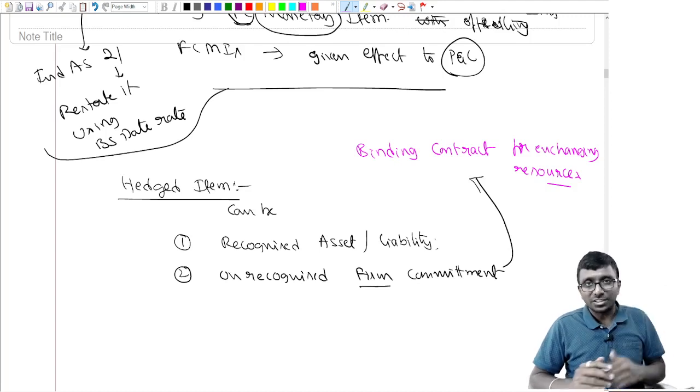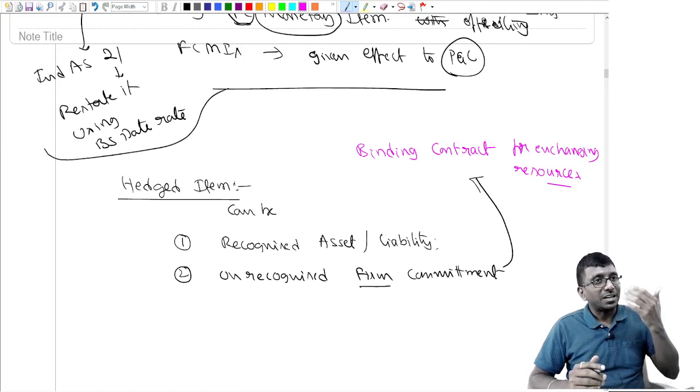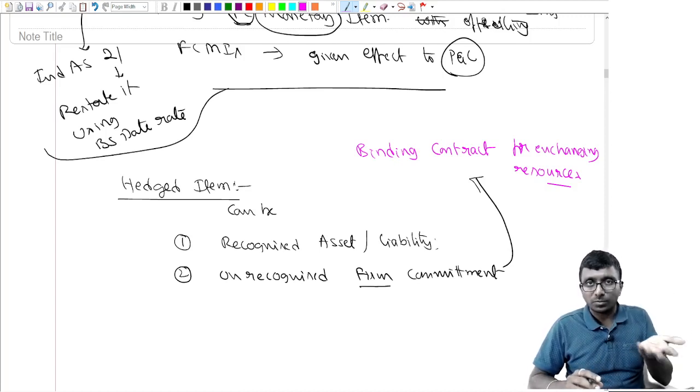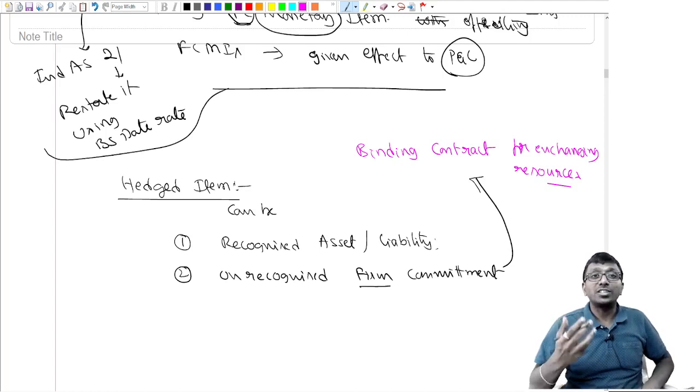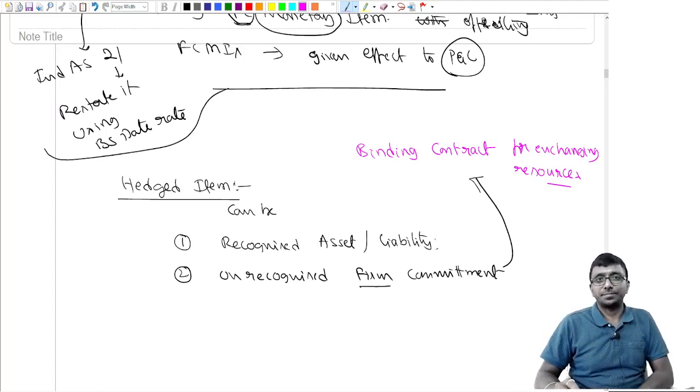The sale will happen only after 6 months, and the dollar rate may not be today's rate. If I expect the dollar value to go down, I need to enter into a derivative contract to hedge the foreign currency risk.